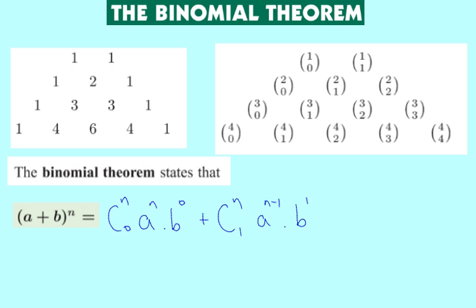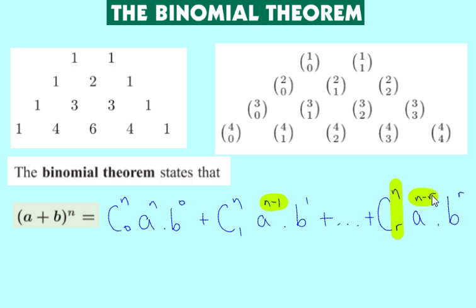So this pattern continues. If we find some term in the middle, we're going to have the combination C(n,r), then the a power will be n minus r, multiplied by b to the power of r. Notice that the power here is the difference of those two terms.